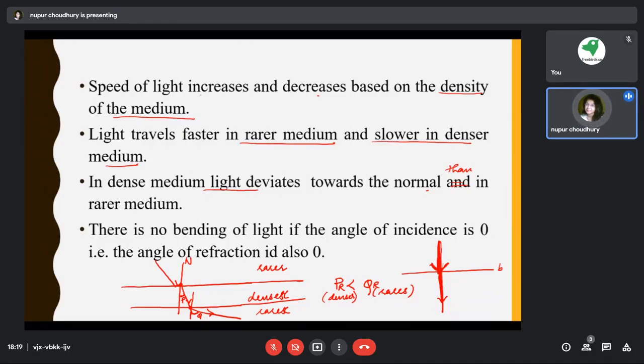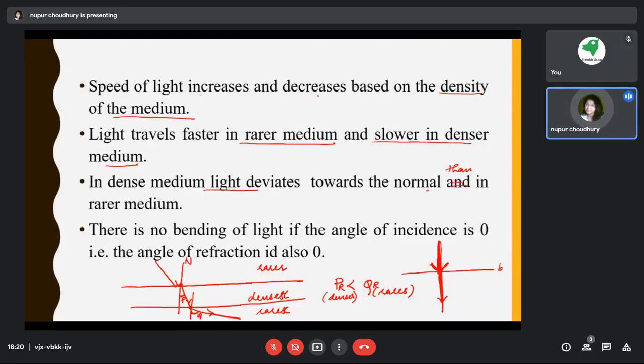A closer view would also show the same thing. I am creating an angle of the pencil with this particular surface, and what I can see here is nothing but the application of refraction. I am seeing a broken pencil here because light from this particular object is getting refracted, and we can see the refracted light from this object as a broken pencil.